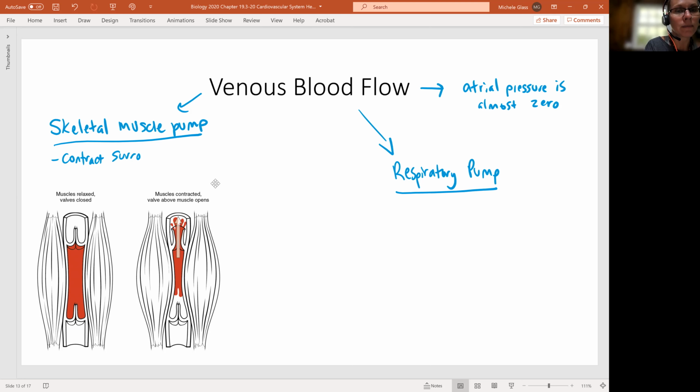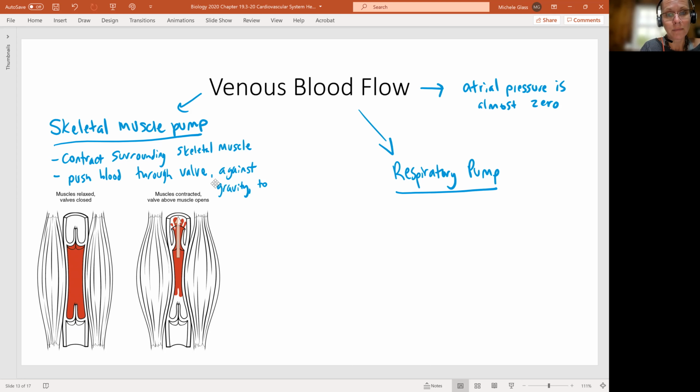surrounding skeletal muscle. So that's going to then push the blood through the valve against gravity toward the heart.